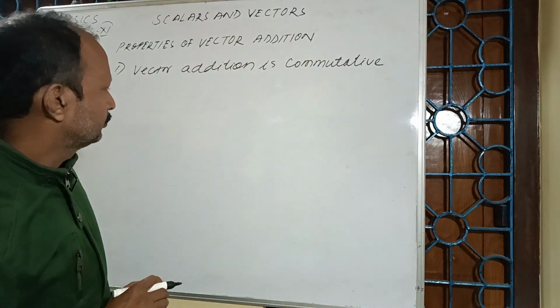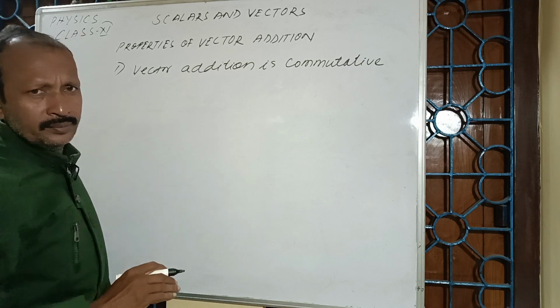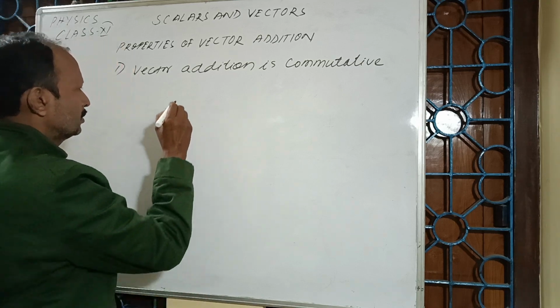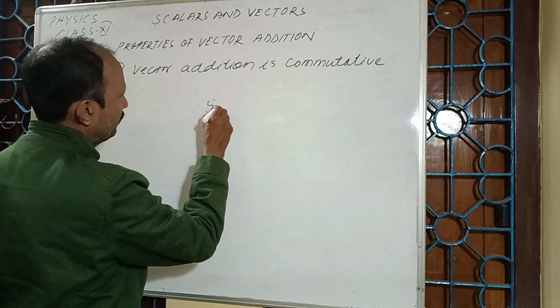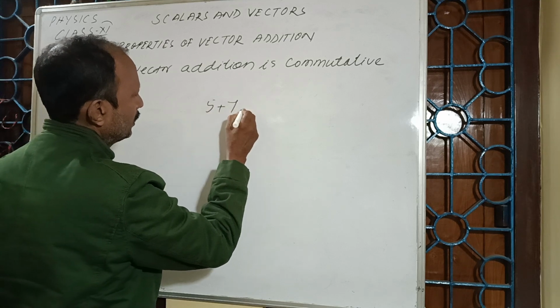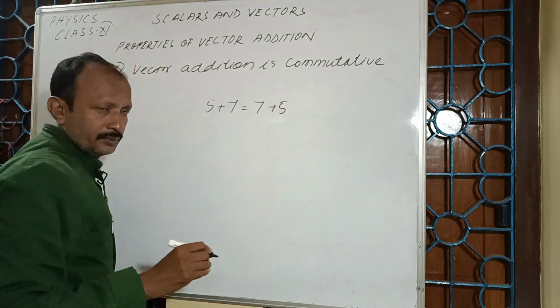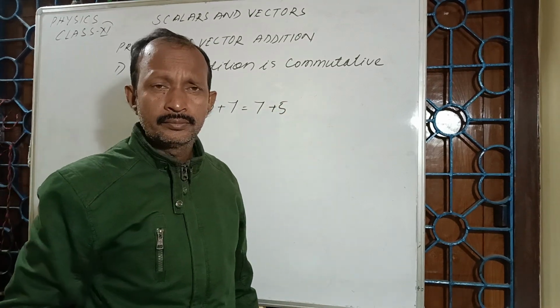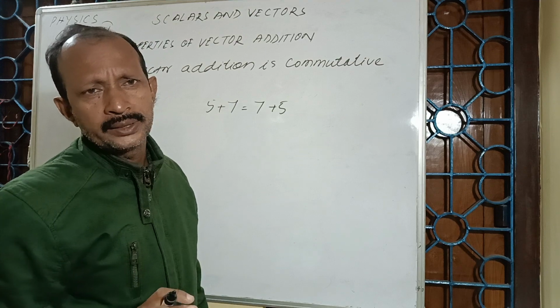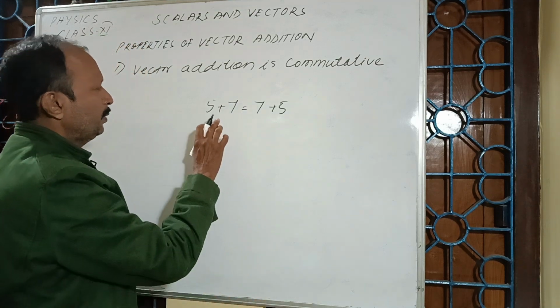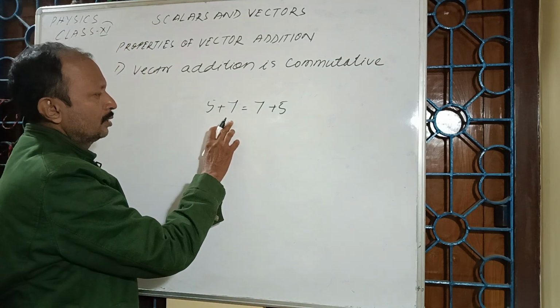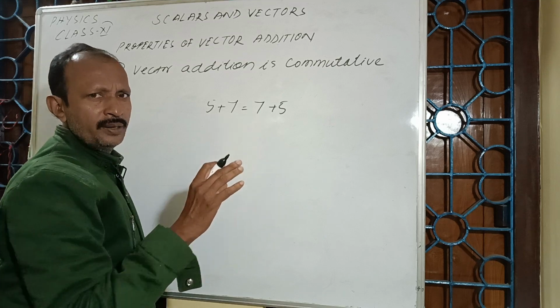It means you know that in general addition, suppose I am writing 5 plus 7, that is also equal to 7 plus 5. Here, order does not matter. 5 plus 7 is also equal to 7 plus 5.